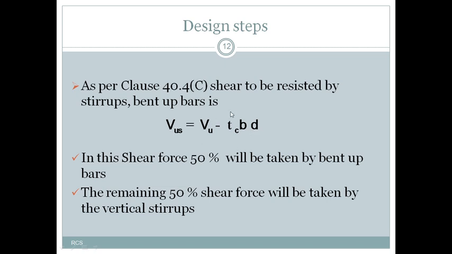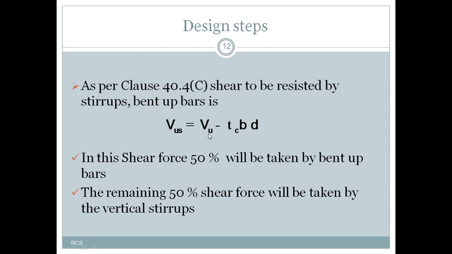If we go to the actual concept, the nominal shear stress or average shear stress in an RC member is equal to the sum of the shear stress in concrete and the shear stress in steel. The force induced by that shear stress will be the shear force.